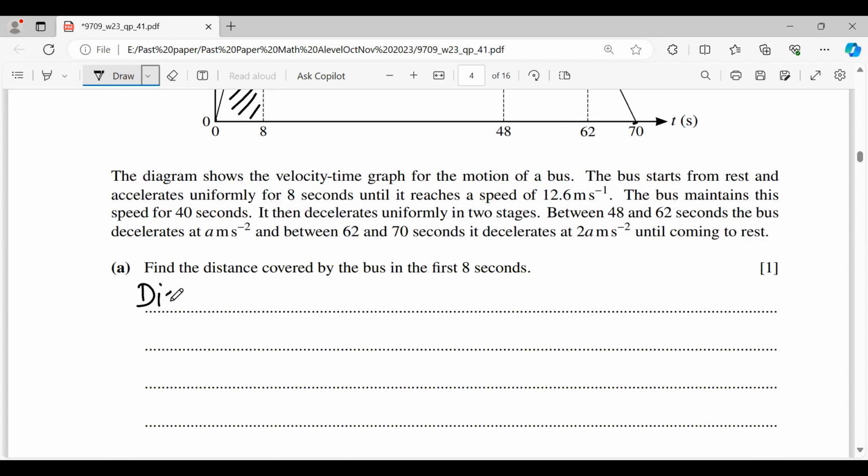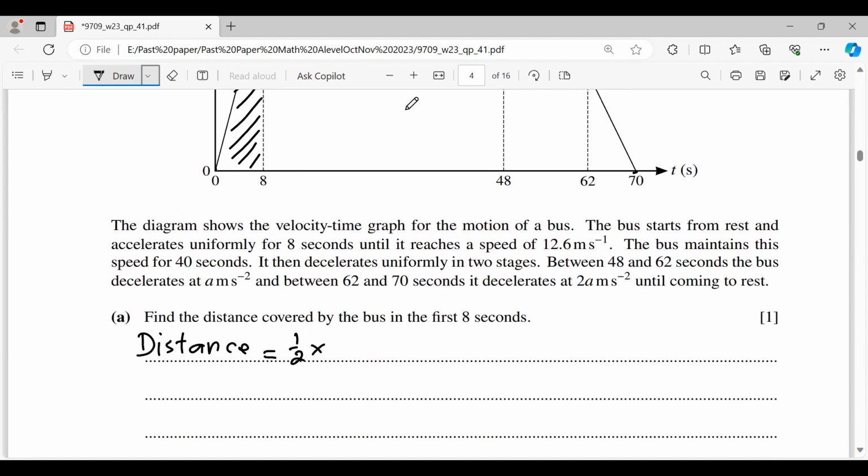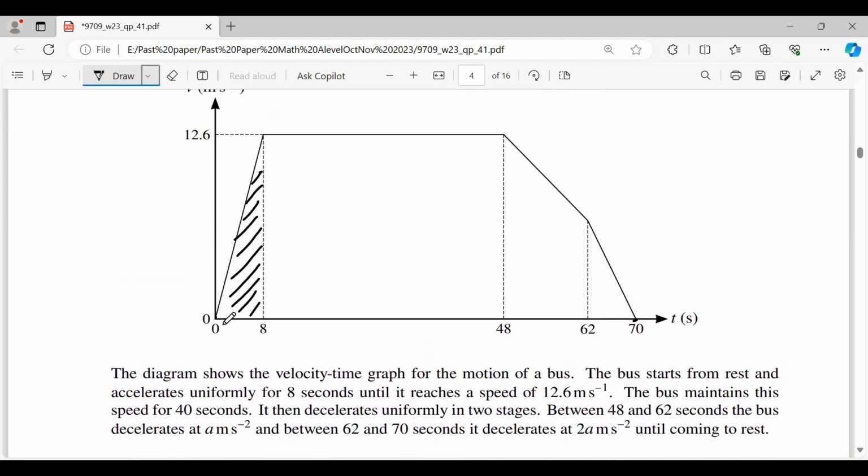Distance equals half times base, which is 8, and height, which is 12.6.